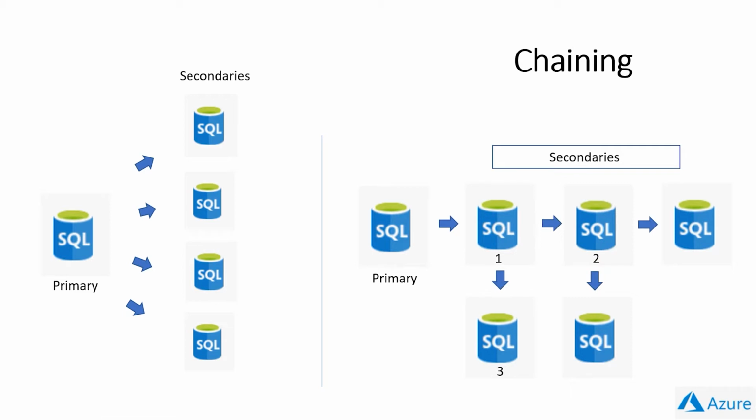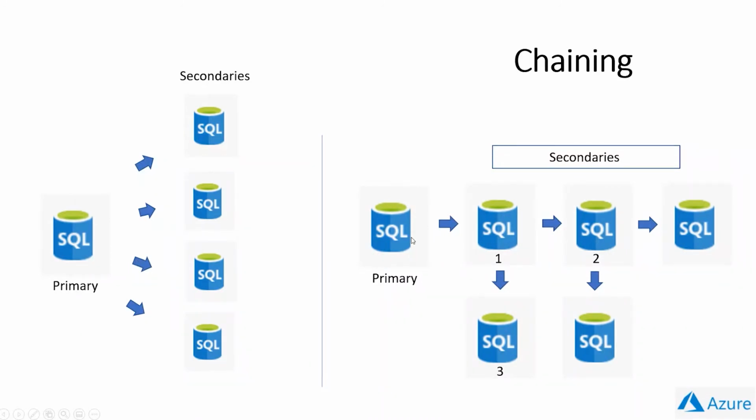I know you're thinking, why would I need that? Well, there are two things. The first reason is, if you look at the left and you have the primary, each database that has a link is using, of course, memory and CPU. So for example, the primary on the left has to replicate to 4 databases, so it's using more CPU and more memory.